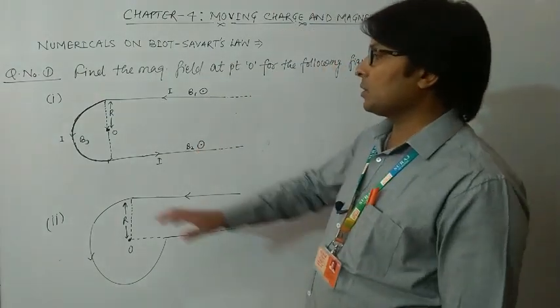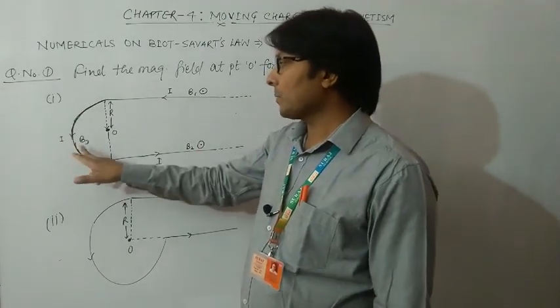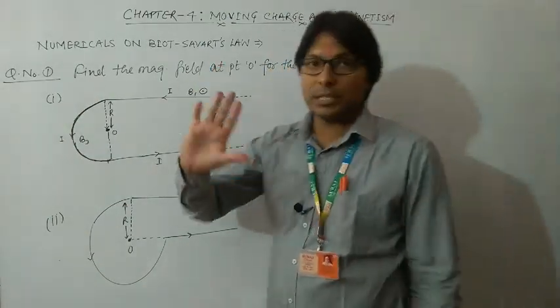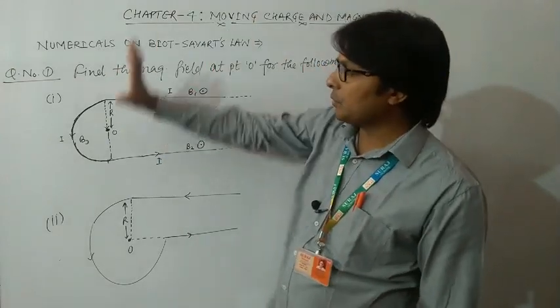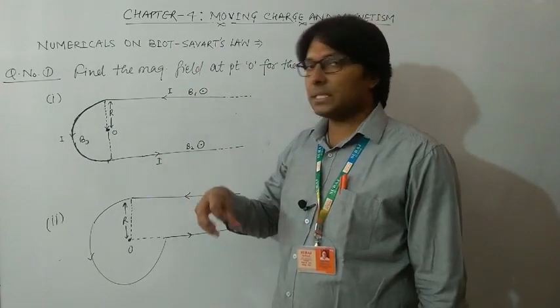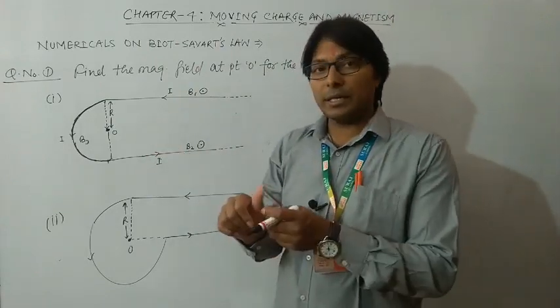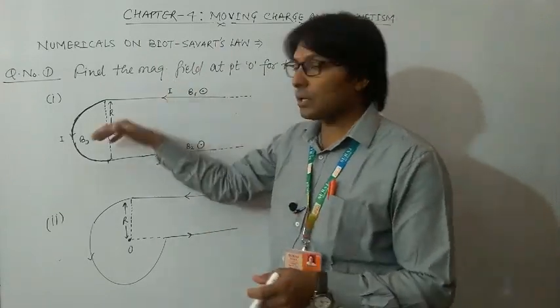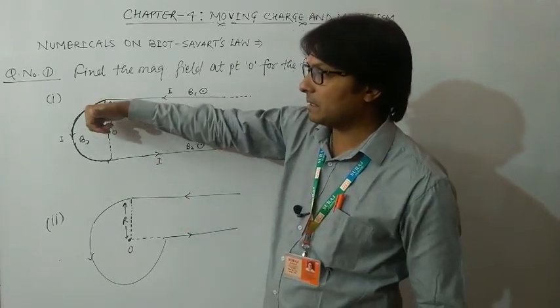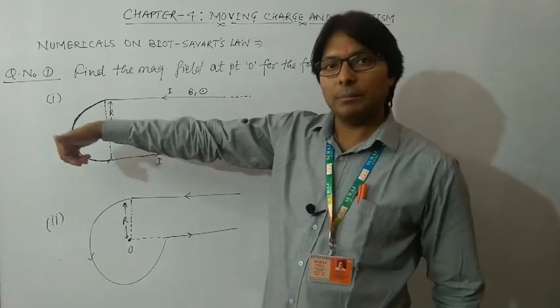Now let us talk about the direction of B3. To find the direction of B3, we will use once again the right hand thumb rule, but in this case the wire is not straight, it is circular. So these fingers we put in the direction of current, then the thumb will represent the direction of magnetic field.